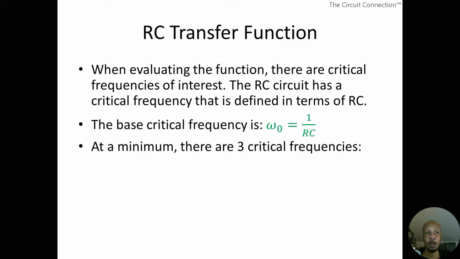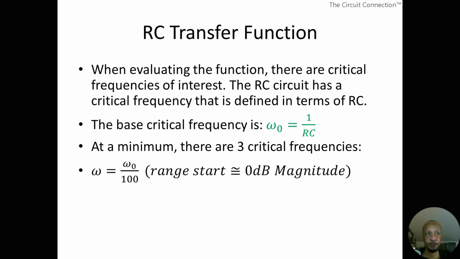So at a minimum, there are 3 critical frequencies that you want to calculate when you're matching up plots. The first one is when omega equals omega 0 divided by 100. Now remember, omega 0 is a constant.